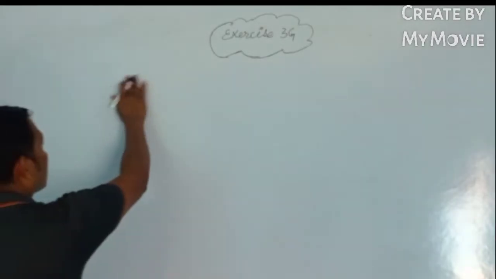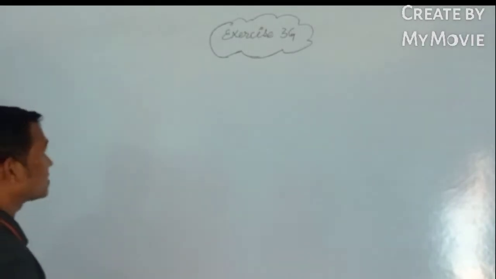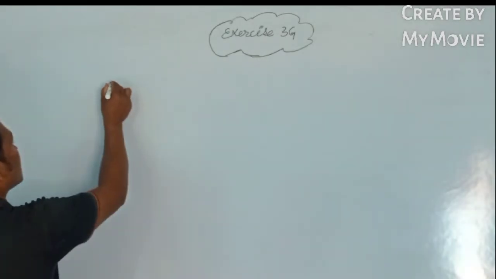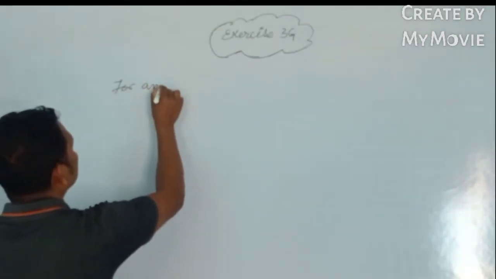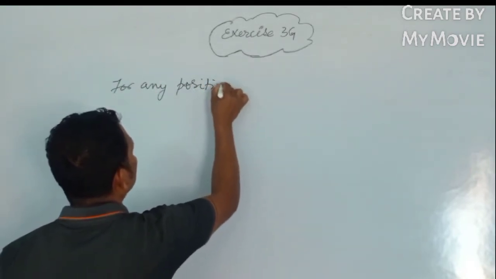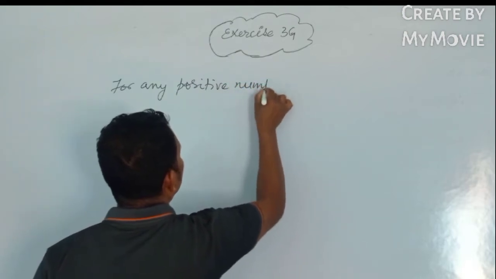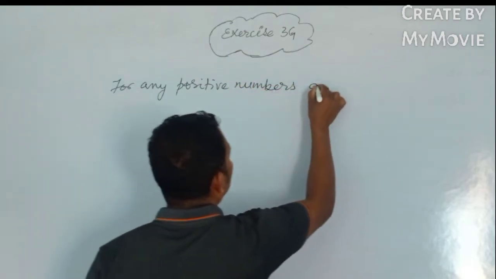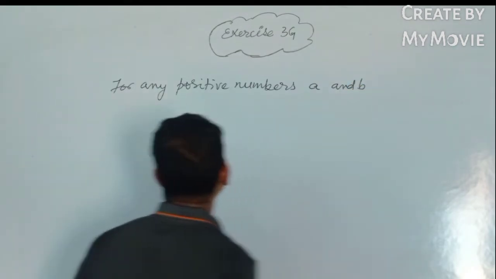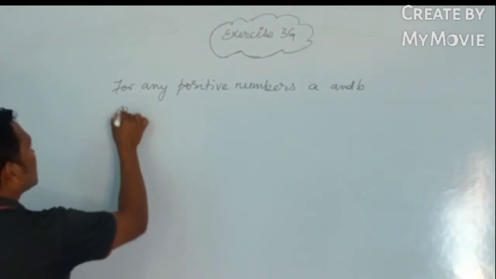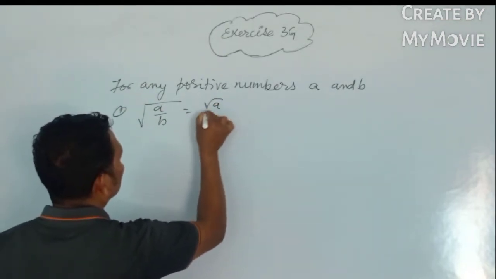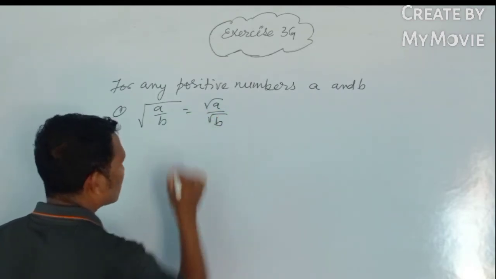To solve the questions given in this exercise, we need to know two formulae. For any positive numbers a and b, number 1, square root of a upon b is equal to square root of a upon square root of b.